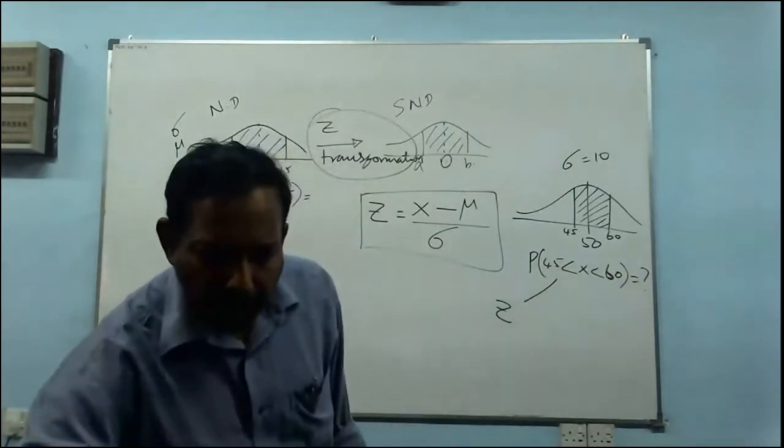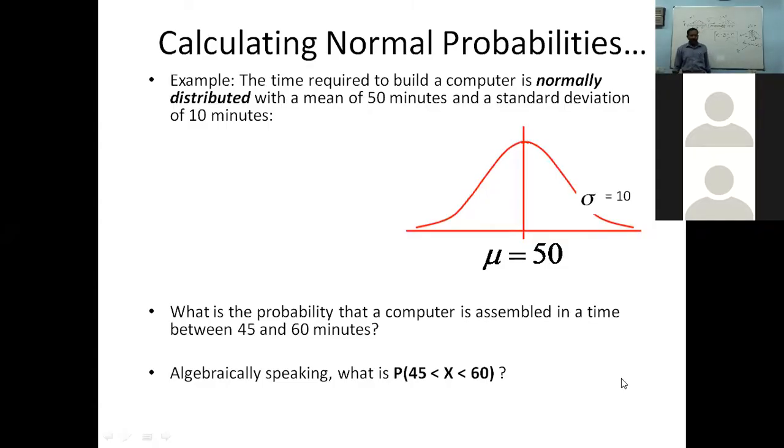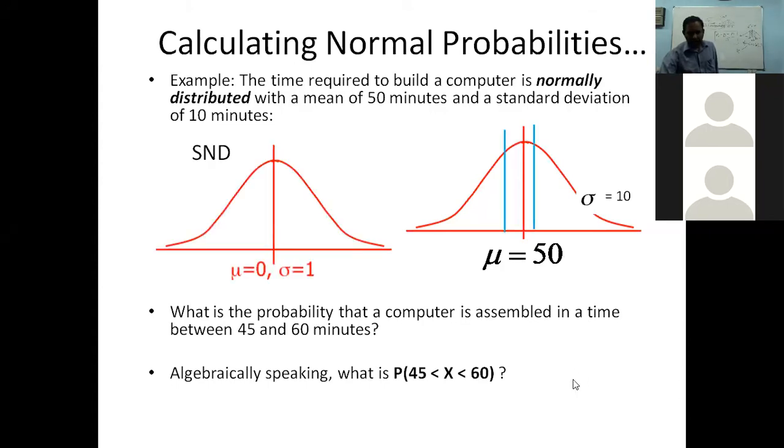That is what we are going to do now. What is the probability that a computer is assembled in a time between 45 and 60 minutes? Algebraically, the probability of X between 45 and 60.